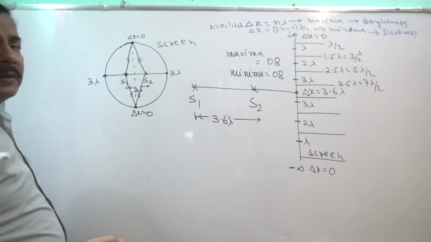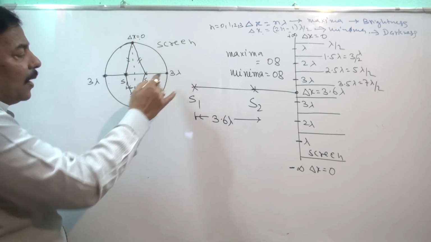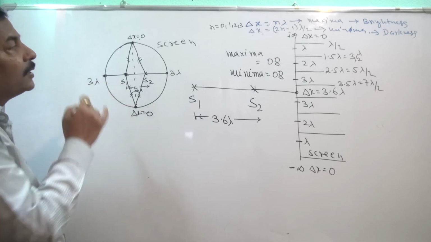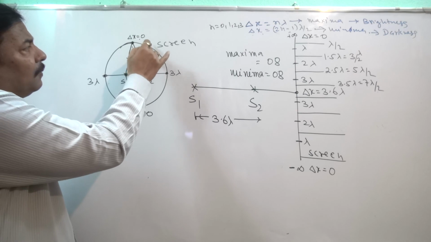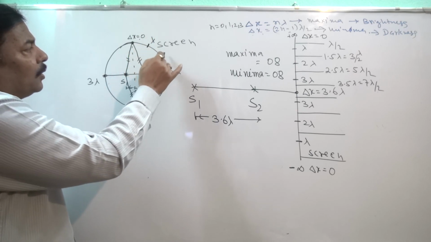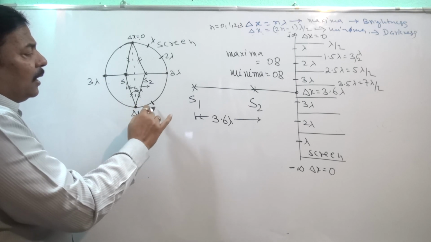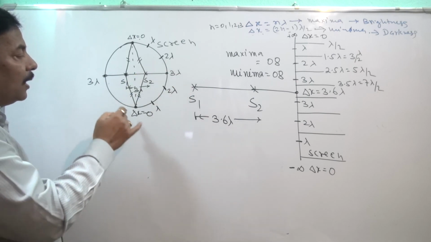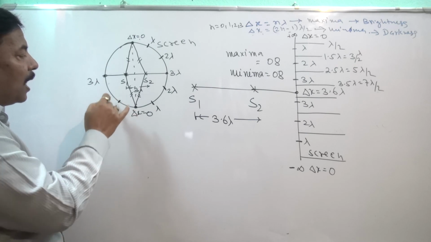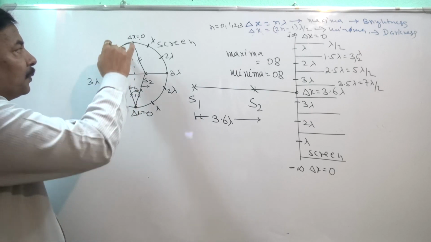So now we have got, here it is 0, here it is 3 lambda, here it is 0, here it is 3 lambda. So if here it is 0, somewhere it will be lambda, somewhere 2 lambda and then 3 lambda. Similarly, lambda, 2 lambda and 3 lambda on the other sides as the path difference.